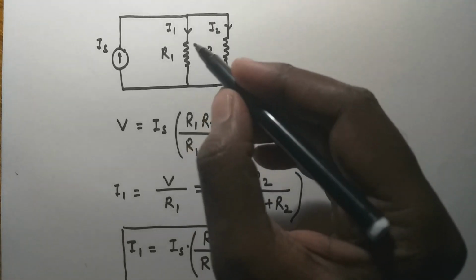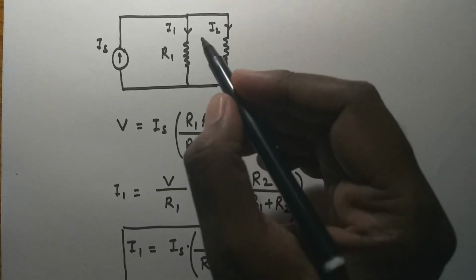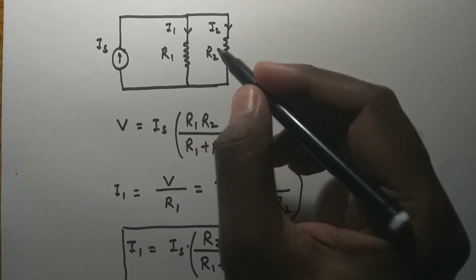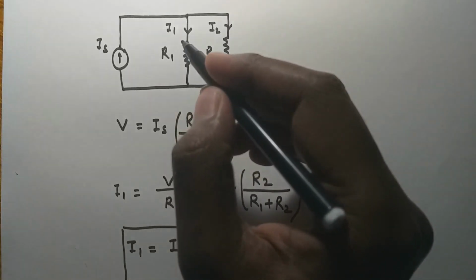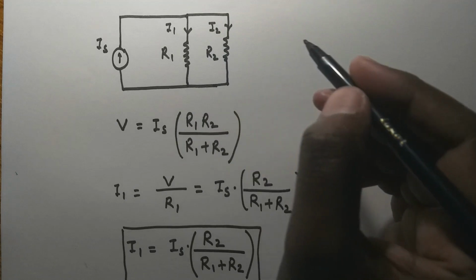So we will convert the several branches into two branches only, one by considering the branch in which we have to find out the current, and taking the parallel combination of all the rest of the branches.